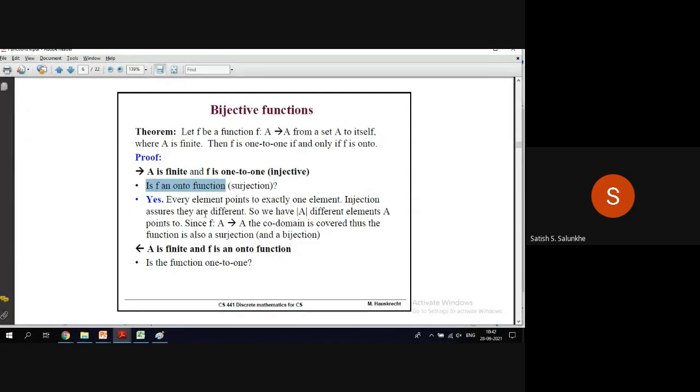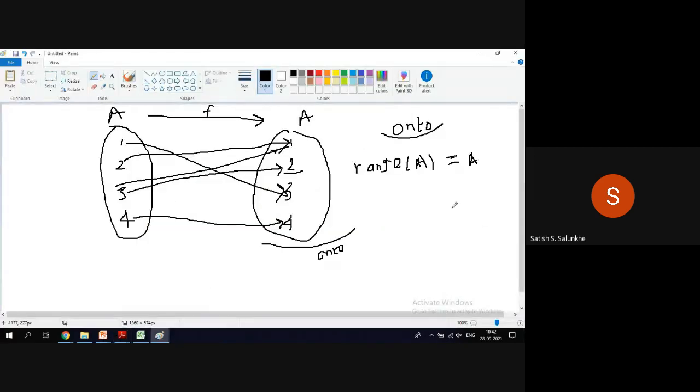So yes, every element points to exactly one element. That is, injection assures that they are different. So we have the cardinality of A, that is the number of different elements A points to, that is how many different elements we have in the codomain. When we say each element is mapped to exactly one element in the codomain, what is the number of elements that are mapped? What does it mean when we say it is a one-to-one function?